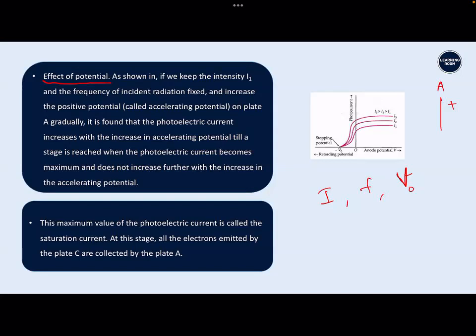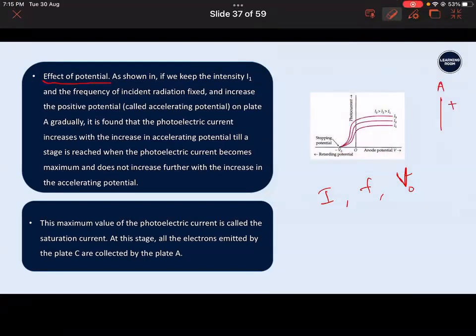Listen to this very carefully. Sanjeev, any doubt? No, right? If you want, you can recollect the diagram. The emitter plate has a negative charge, and the collector plate is given a positive charge because it needs to attract the electrons. So if you keep increasing the value of anode potential, my photoelectric current will vary.